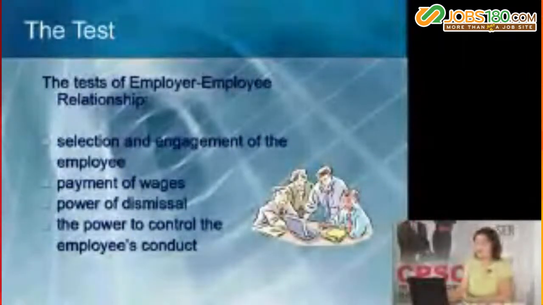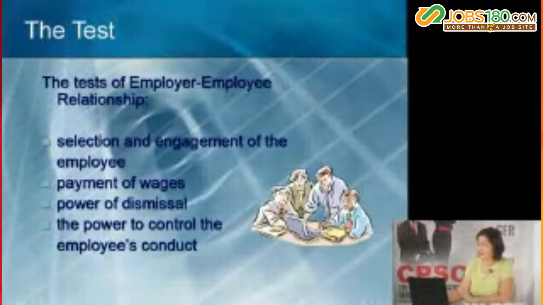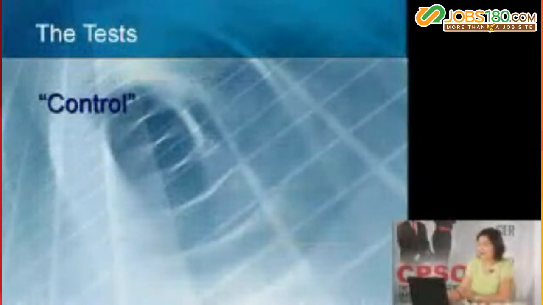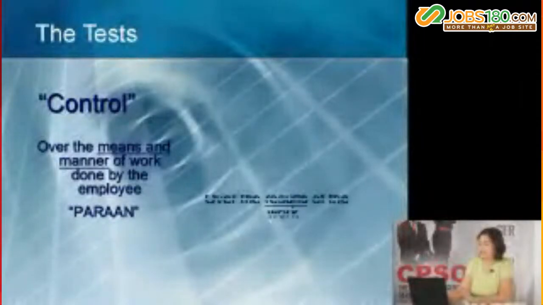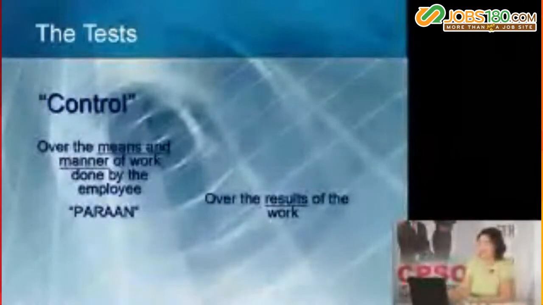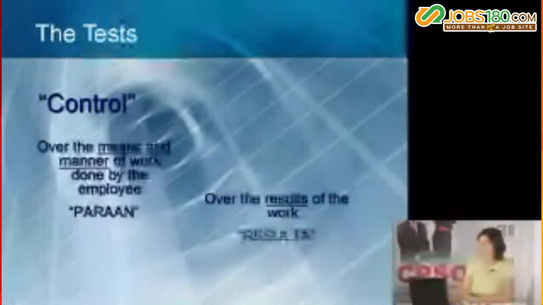Ito po yung fourfold test para ma-determine natin na may employer-employee relationship. Sabi natin, ang pinaka-importante doon sa fourfold test ay yung control. Ang control is over the means and manner of the work done by the employee, and over the results of work, ang resulta naman ng trabaho.